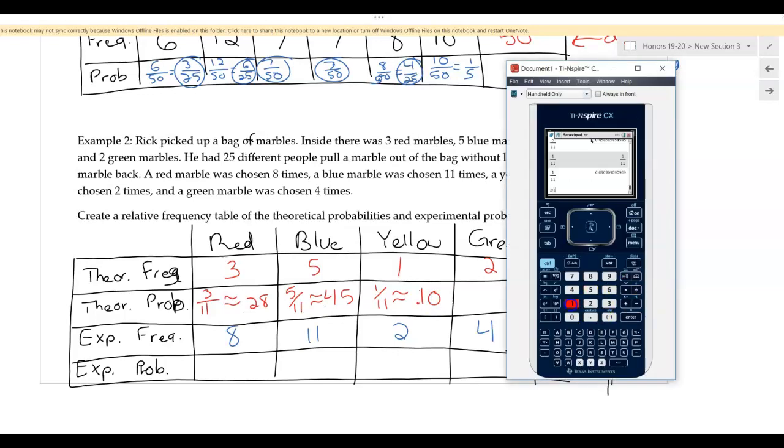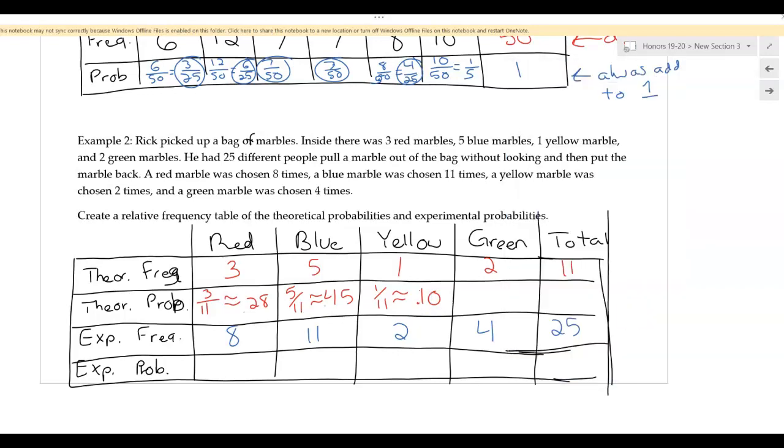And 2 out of 11 is about 0.18. And again, these should add up to about 1. We were doing a lot of rounding on this, so I think it's a little off. I think it's a little higher, but for the most part, they should be about 1 when you add them up, right? And if you add up the fractions, that's exactly 1.